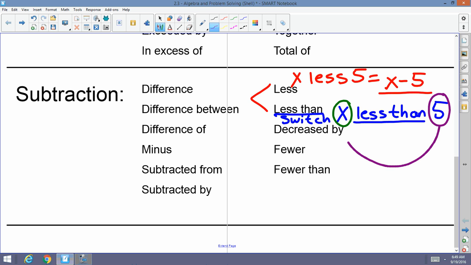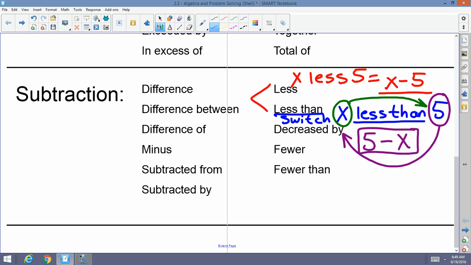The last term goes first and the first term goes last. So it would equal 5 minus x.